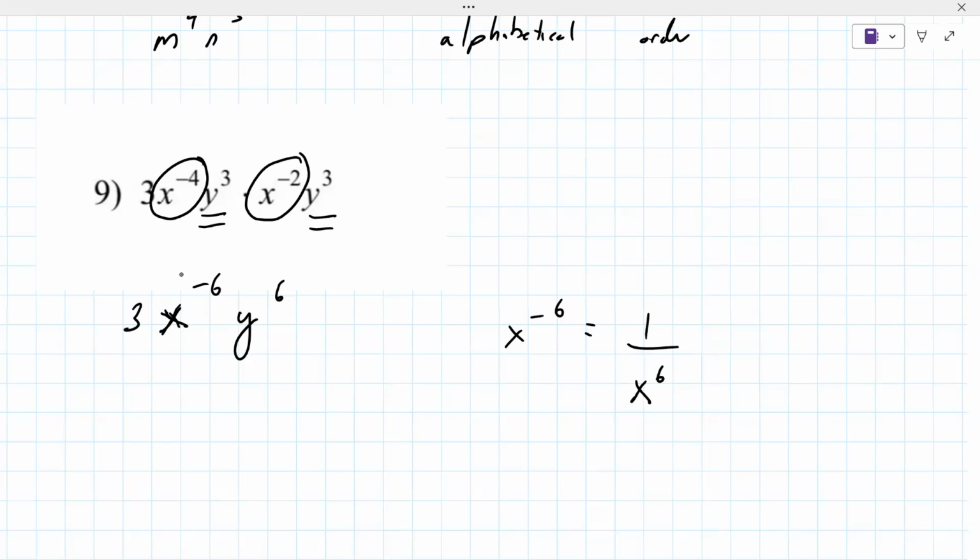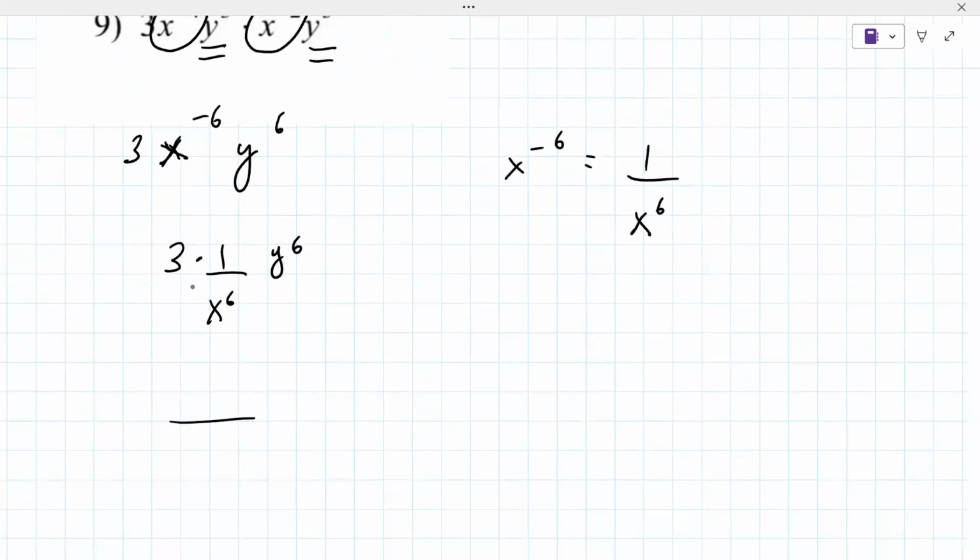Is that clear? And then this becomes 3 times 1 over x to the 6th, y to the 6th. So the top is 3y to the 6th over x to the 6th, like that.